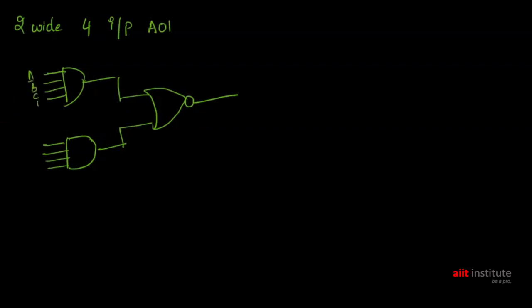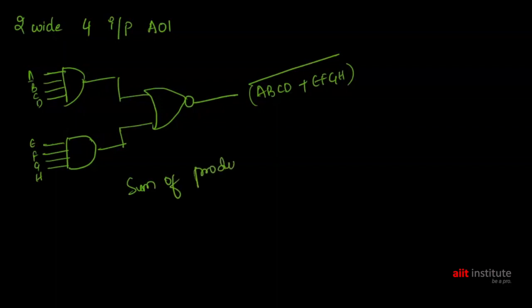A, B, C, D, E, F, G, H. So now the output will be ABCD plus EFGH whole bar. It is sum of products. So this is how it can be represented.